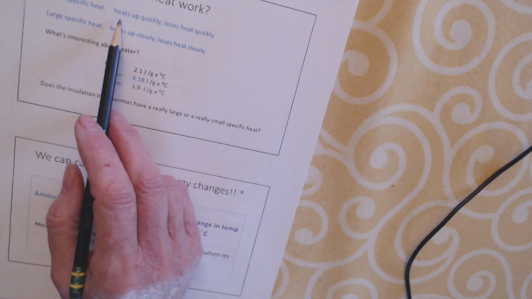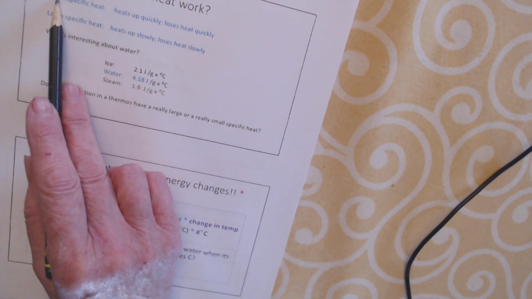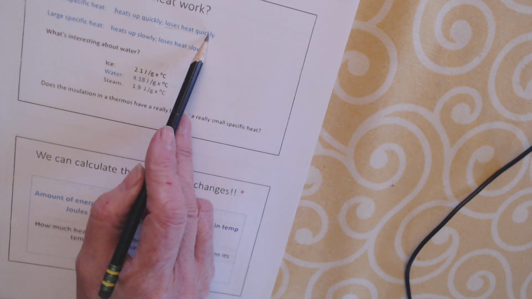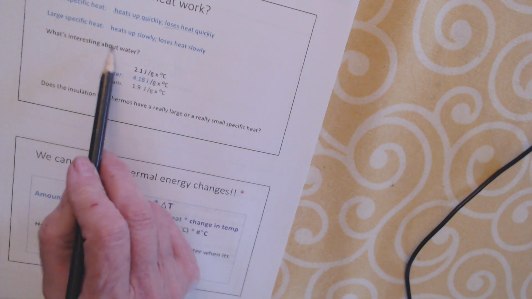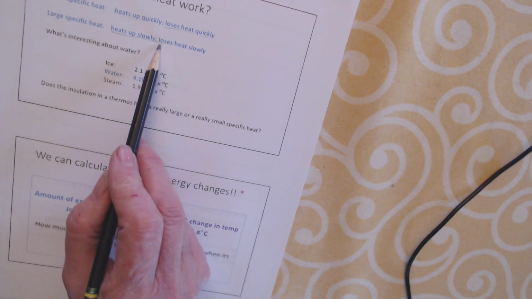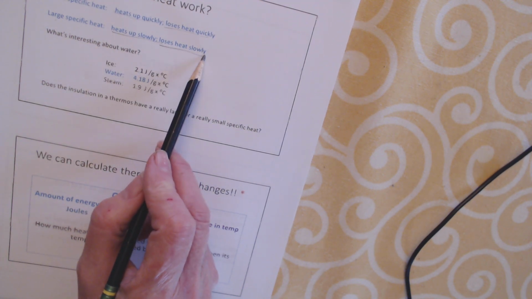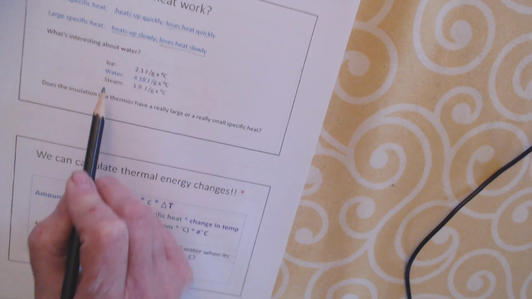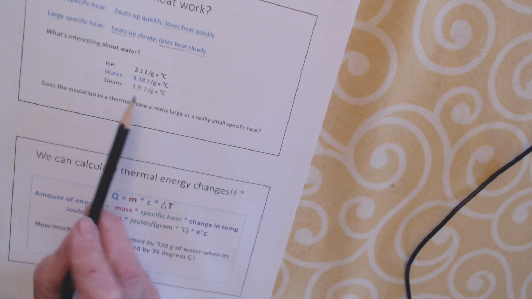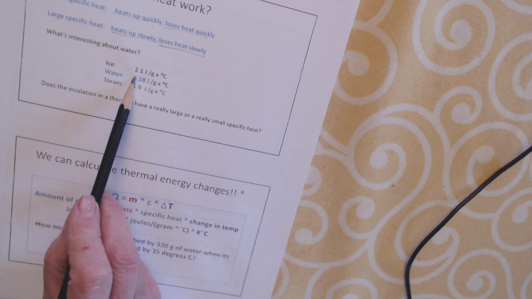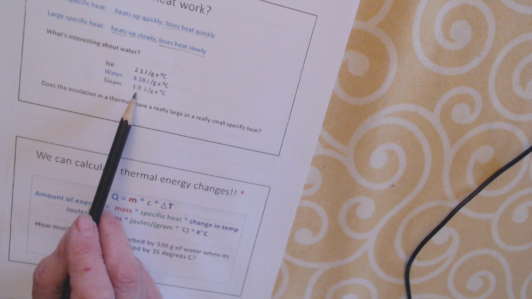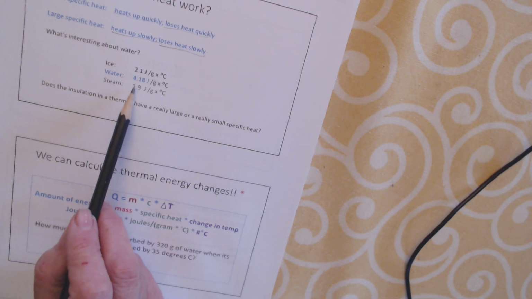So specific heat. If it's a small specific heat, that means that substance heats up quickly, but it also loses heat quickly. Large specific heat heats up slowly, but it also loses heat slowly. Now, look at this for a second. We've got ice, water, and steam. And if I didn't have water listed here for its specific heat, and you had to guess what the specific heat of water was, you would probably guess it was 2.0, wouldn't you?